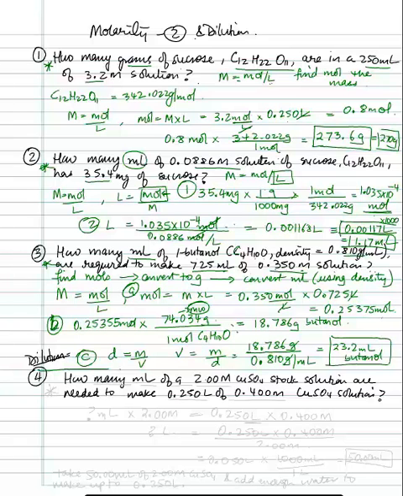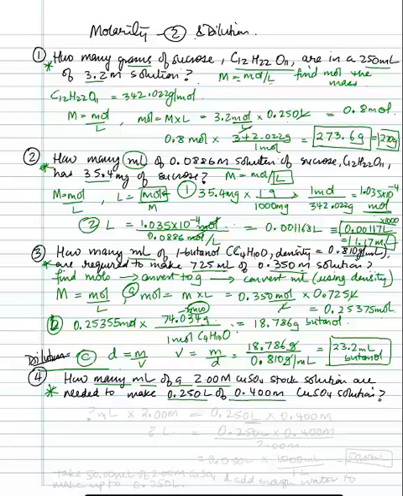One last problem on this page, and that is for dilution. Dilution problems are really quite straightforward, provided that you put your right numbers on the right side. So the question is, how many milliliters of a 2.00 molar copper(II) sulfate stock solution are needed to make 0.250 liters of 0.400 molar copper(II) sulfate solution?